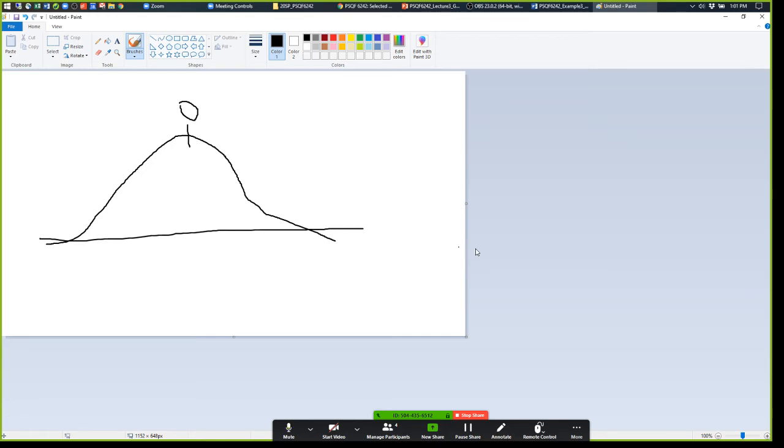Let me try again. Not only have I not done pottery or painting, I can't even draw in paint. But I'm going to make it work. So we're going to put some sort of cutoff here and here.